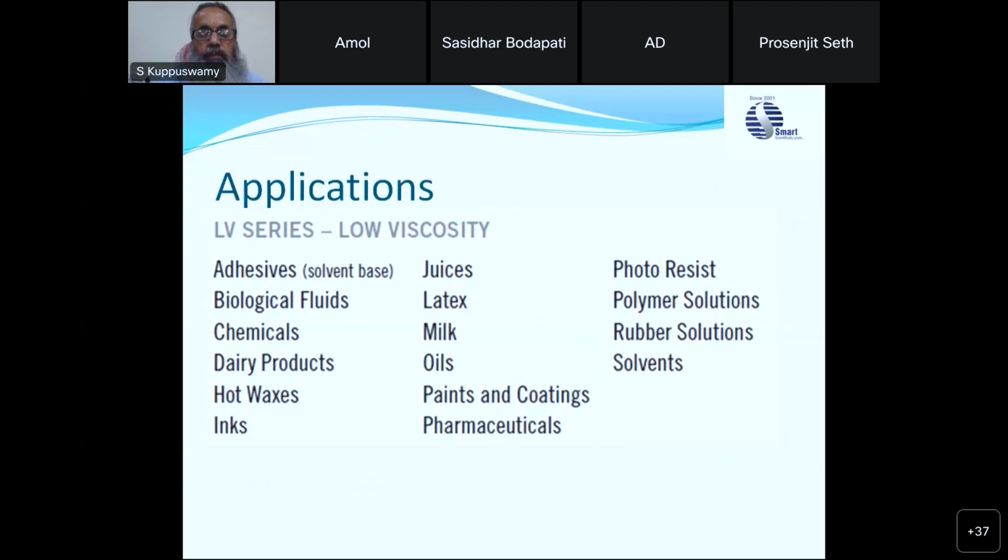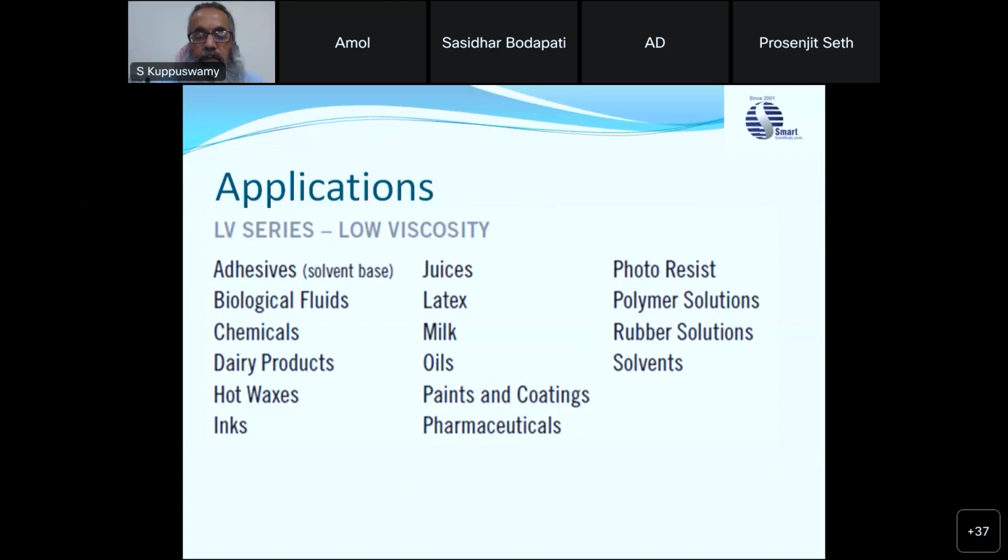Next. These are some of the applications of low torque range viscometers; LV is the low torque range. They are used in these kinds of industries: biological fluids, chemicals, dairy products, hot wax, inks, and paint industry. Everywhere it is used. Pharma.